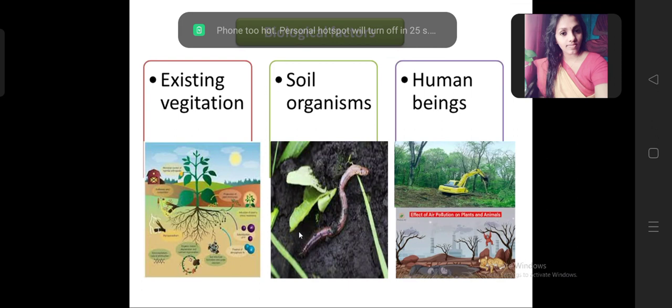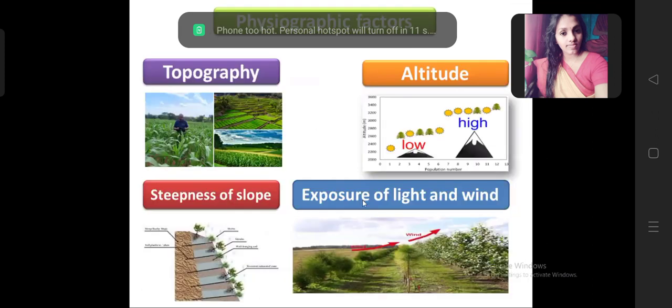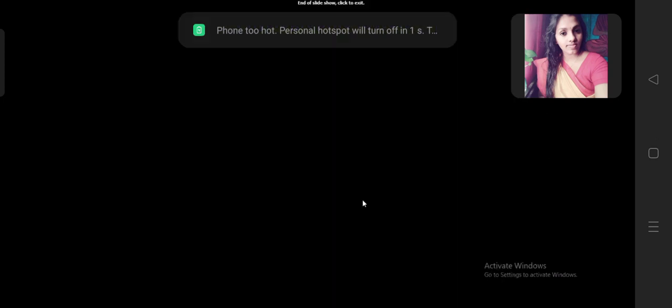Another one is human beings, the anthropogenic activities, which influence the soil temperature and soil condition also. Next one is the physiographic factors: topography, altitude, steepness, and exposure to light and wind. So that's about the topic here.